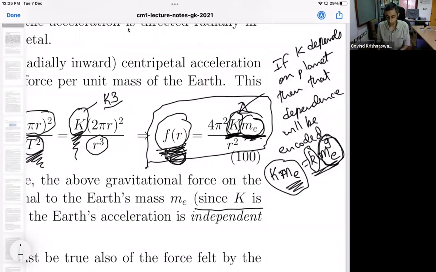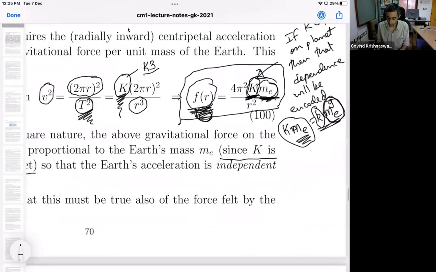Now we will continue our argument going forward. We will say this f of r is equal to some 4 pi small k times the gravitational mass of Earth divided by r squared. Now we will impose Newton's third law: if the force of the sun on the Earth is proportional to some property of the Earth, then the force of the Earth on the sun should be proportional to that property of the sun.